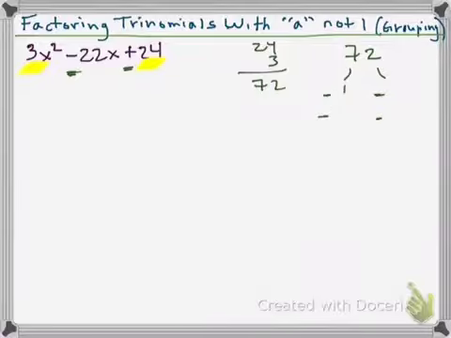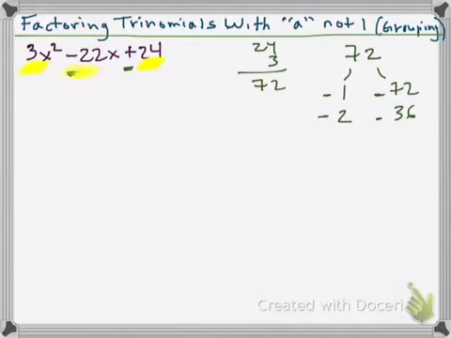So I usually pick 1, then I go to 2, and our middle has to come up to be 22, as we see over here. So maybe I'm wasting time to do 1 and 72 and 2 and 36, but if I'm not sure, I'll just do it anyway. It's not going to take that much longer to write it all. And I'm looking for both of the factor pairs to add up to 22 because they're both negative. They're going to combine in a combined effort to make that 22.